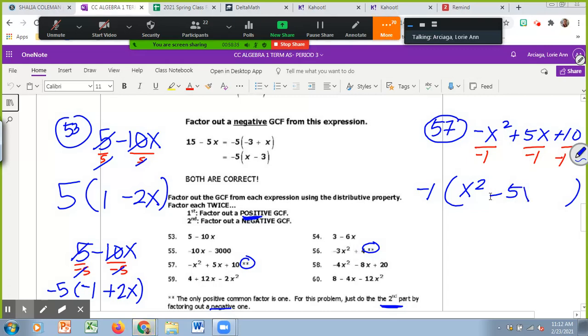Very good. Don't forget the x though. These are friends. Don't separate them. They gotta be together. Then this one, positive divided by negative is -10. There you go. Okay, so that's the third type that you will practice on.